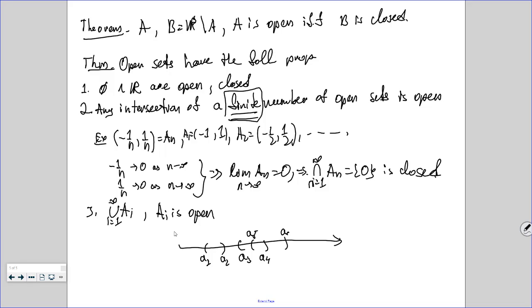All these sets are open. If we take the union of them, we end up with an open set. And the fourth property, which comes from the theorem, is that the complement of an open set is closed.